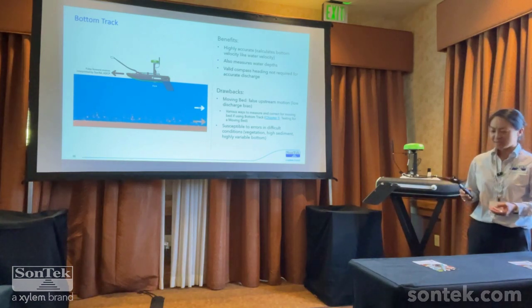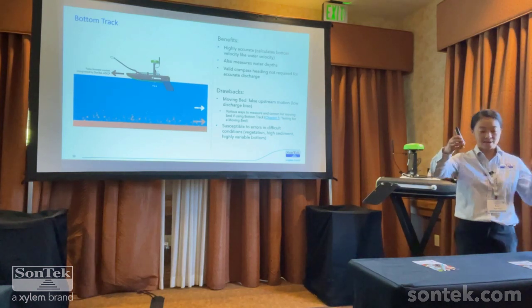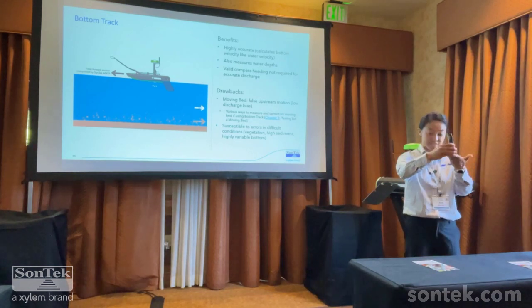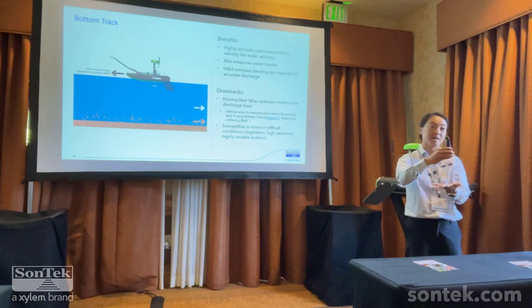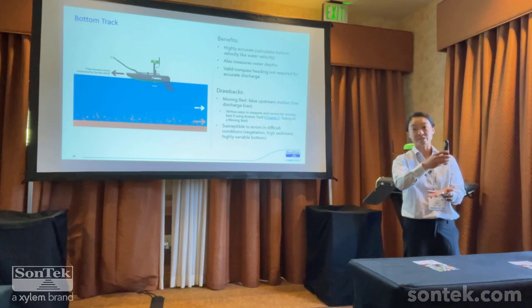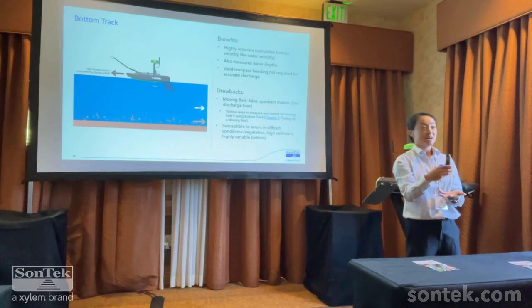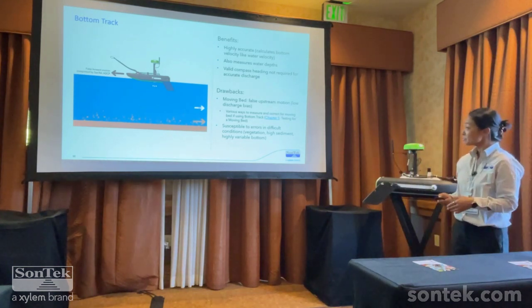If you imagine, for example, you're sitting in the middle of a channel and the flow is moving, if you are stationary and the bottom is not moving either, you should have a zero velocity if you're using bottom track. If your bottom starts moving, say if you have a moving bed situation, that's when you start to worry about your bottom track. So that's something to keep in mind when you're using bottom track.